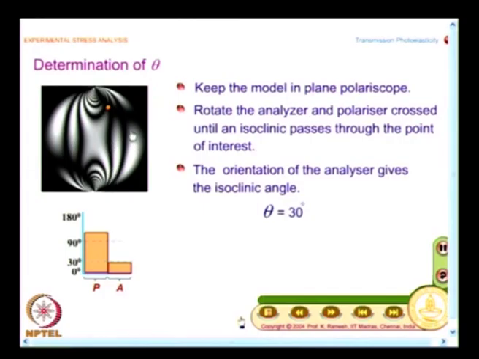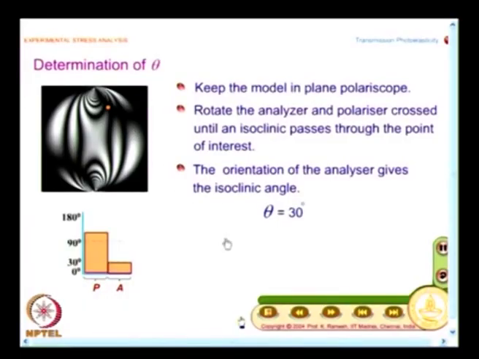Suppose I want to find out for another point: mark the point, find out when the isoclinic fringe passes through it, then stop, read the analyzer, and you get the isoclinic angle, as simple as that. The only difficulty is that because the isoclinic fringe is very broad, your involvement in interpretation and stopping the crossed polarizer analyzer combination is crucial in deciding the accuracy.